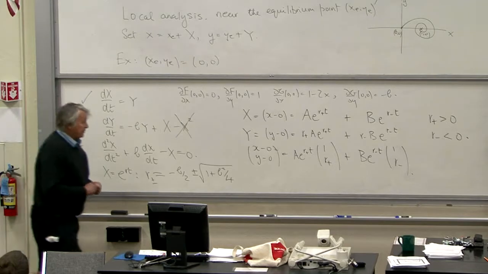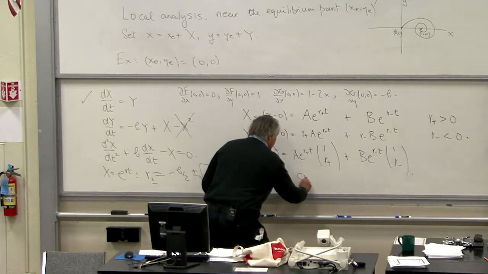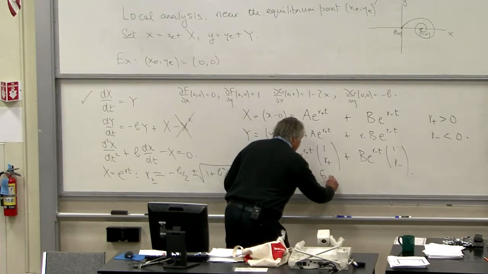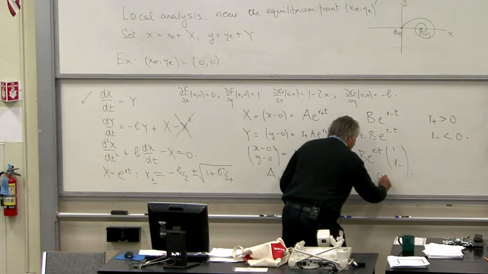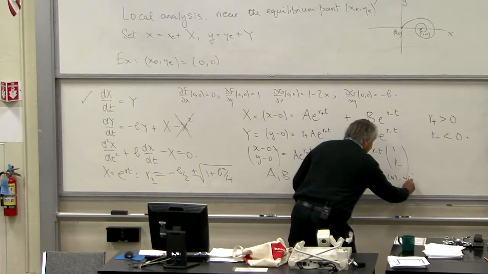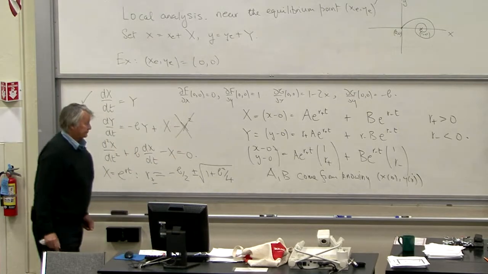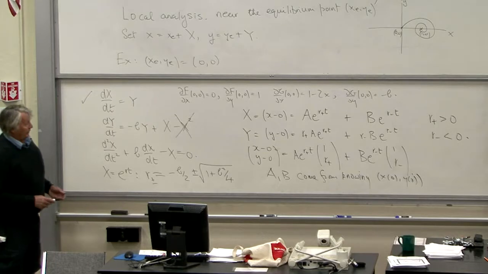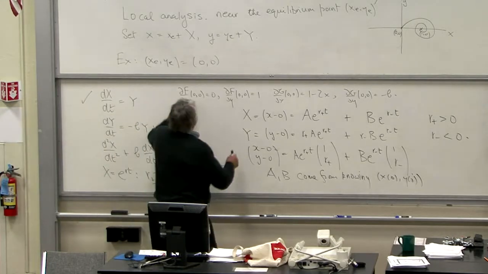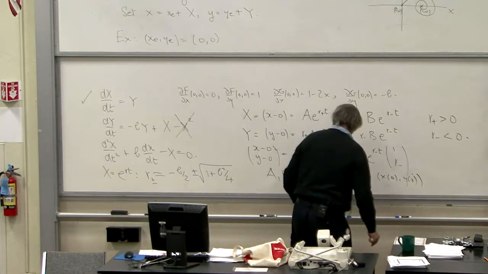Now, the a and the b come from knowing x naught and y naught. Now, let's go over here.